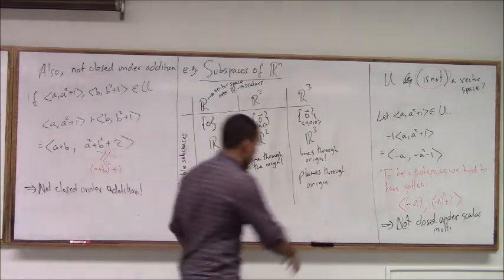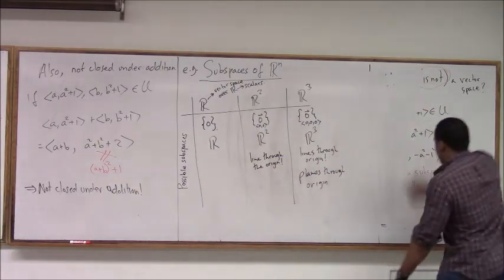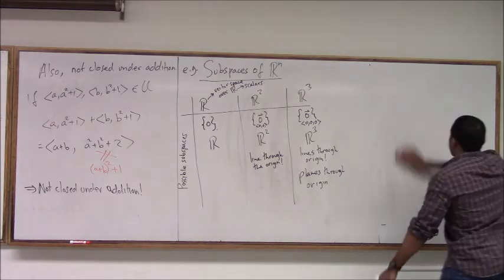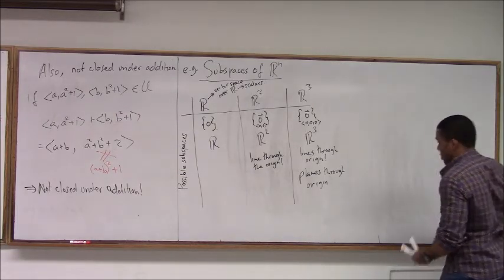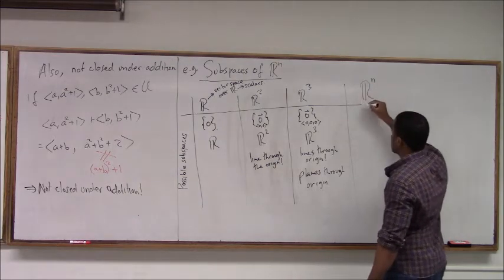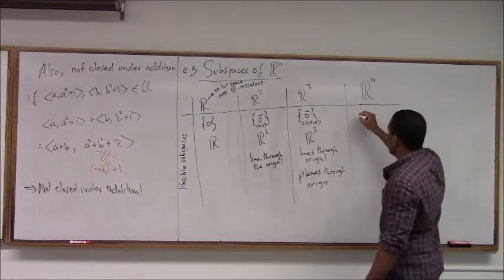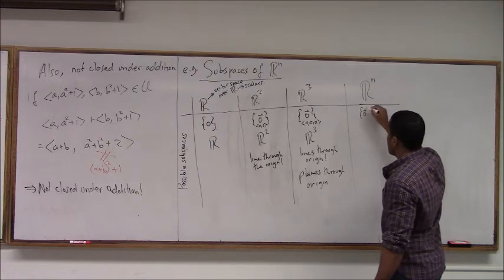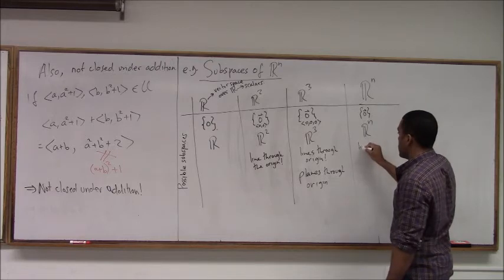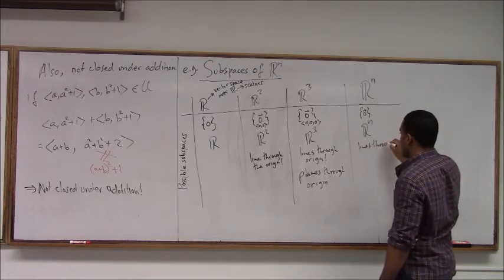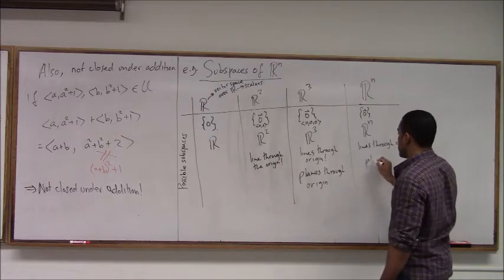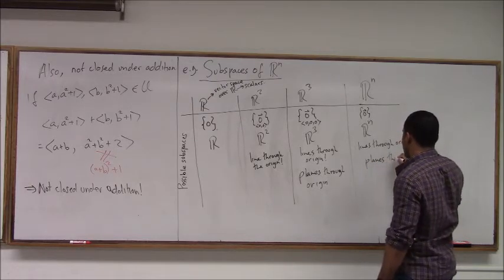And this actually generalizes. So for Rn, the set containing the zero vector is always a subspace. The set itself is always a subspace. Lines through the origin will always be subspaces, and planes through the origin will always be subspaces.